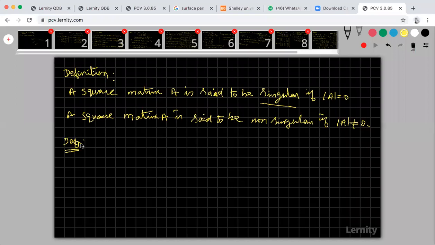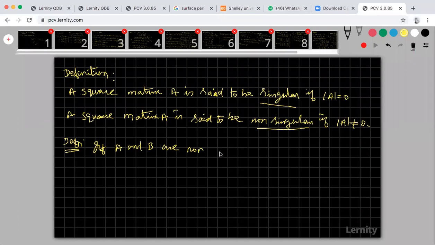If A and B are non-singular matrices of same order, then AB and BA are also non-singular matrices of same order. What are non-singular matrices? Determinant of A not equal to 0.